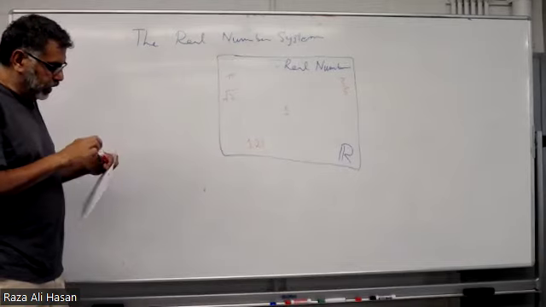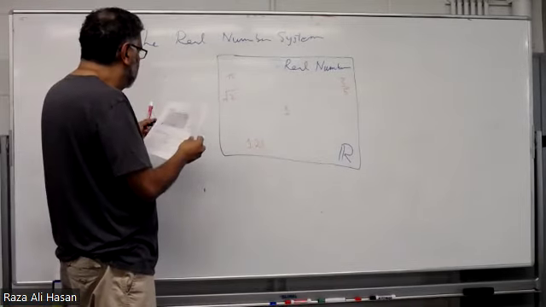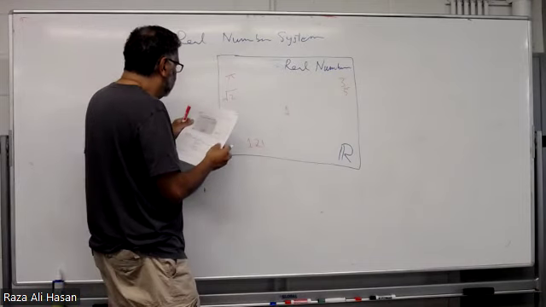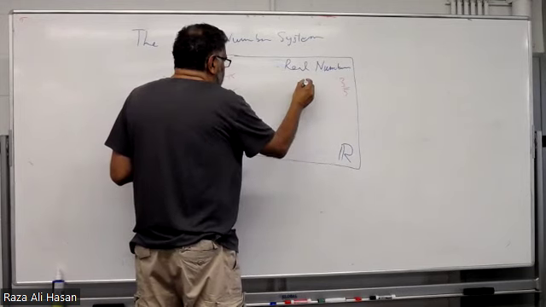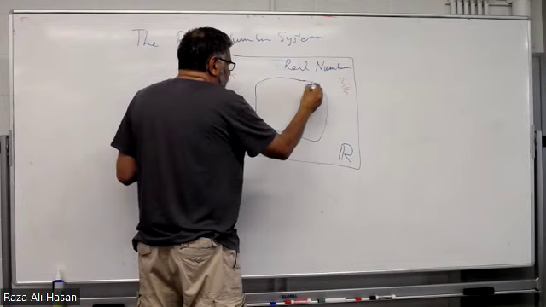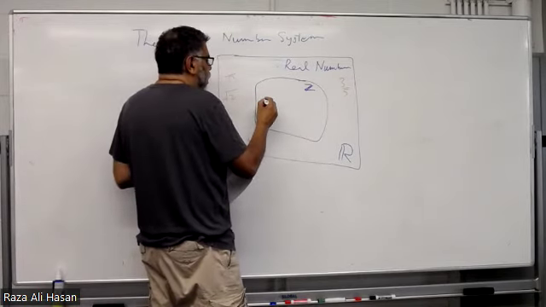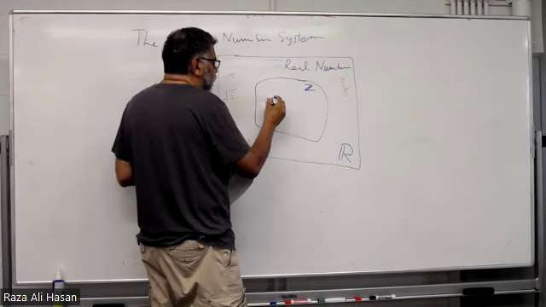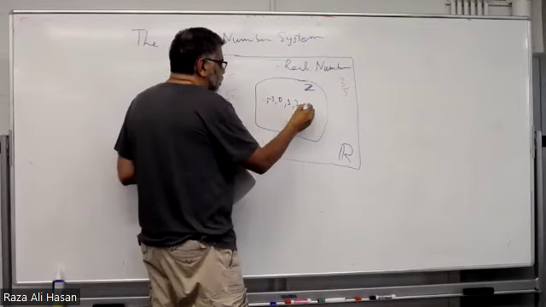Okay, and then let's see, we have integers. Integers are Z, and these are -1, 0, 1, 2.